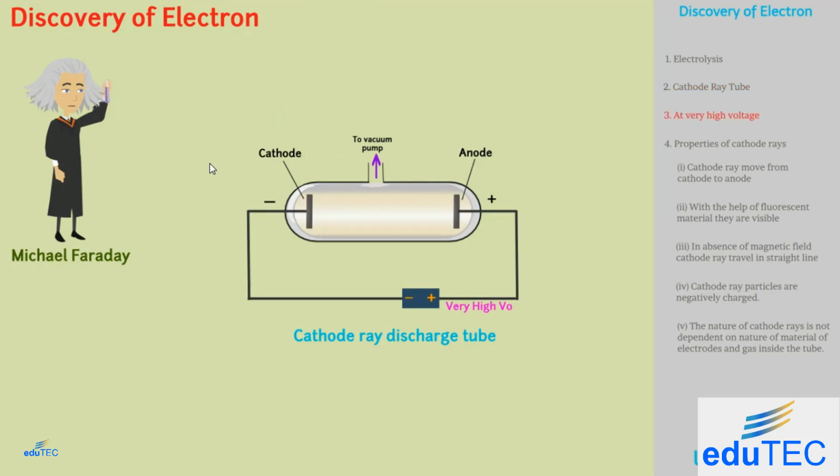When very high voltage of the range of 5000 to 10,000 volts is applied across these electrodes, then electric discharge occurs between these two electrodes. As a result, the tube begins to glow.